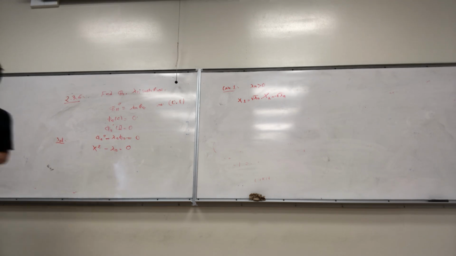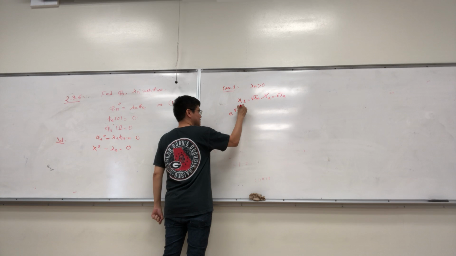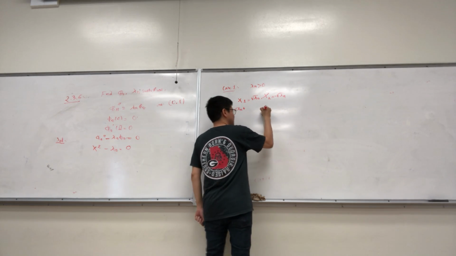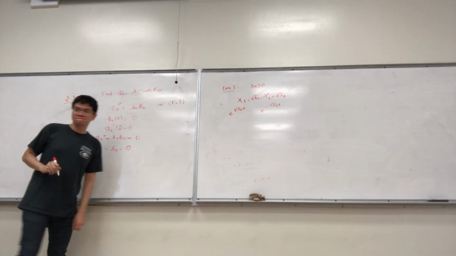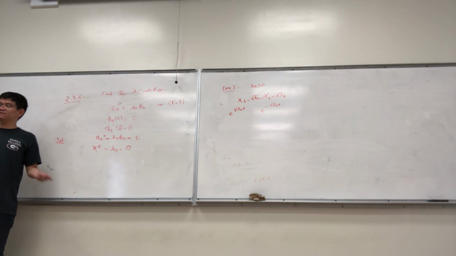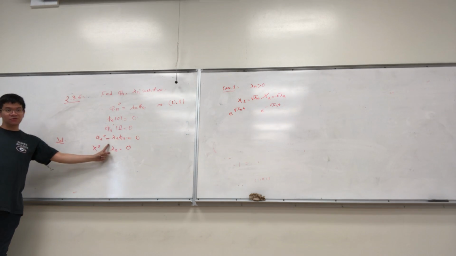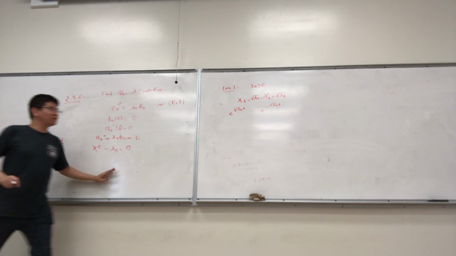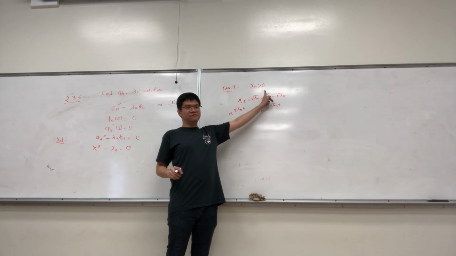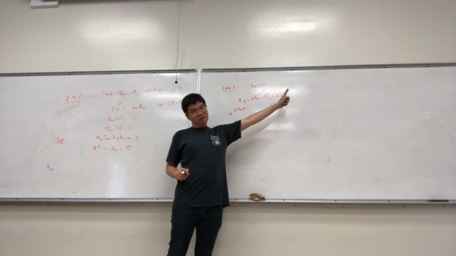So you have 2 solutions, right? E to the root lambda n t and e to the power minus root lambda n t. If this is a second order differential equation with constant coefficients, to solve it you look into the characteristic equation. Now, if lambda n is strictly positive, the characteristic equation has two solutions, square root of lambda n or minus square root of lambda n.